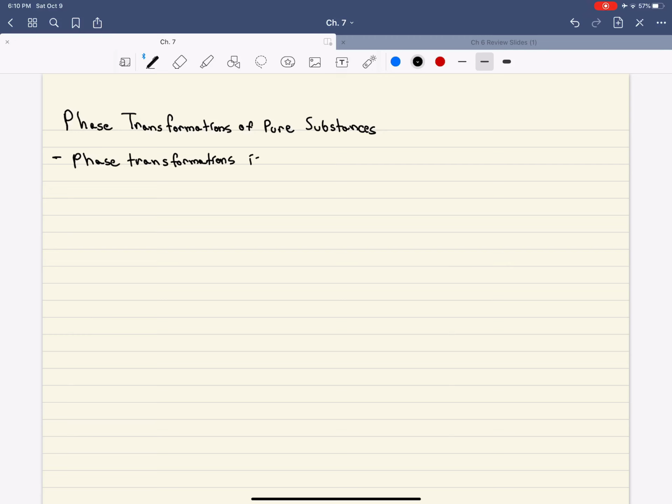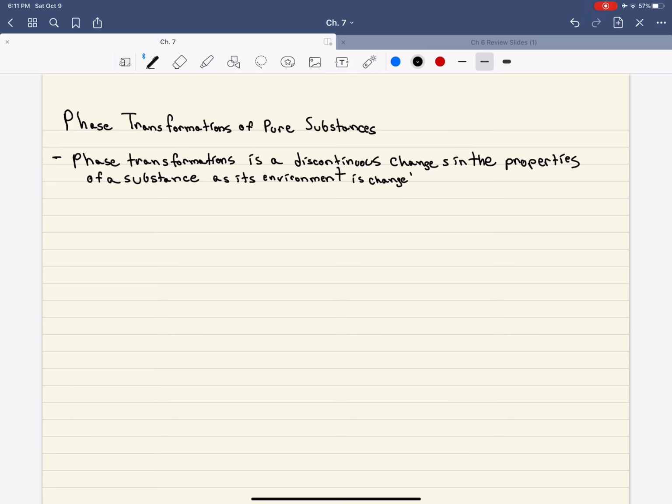it's when we observe a discontinuous change in the properties of a substance, even when you just change its environment only infinitesimally.